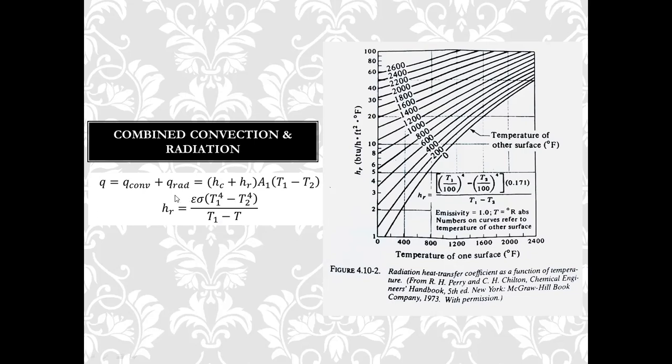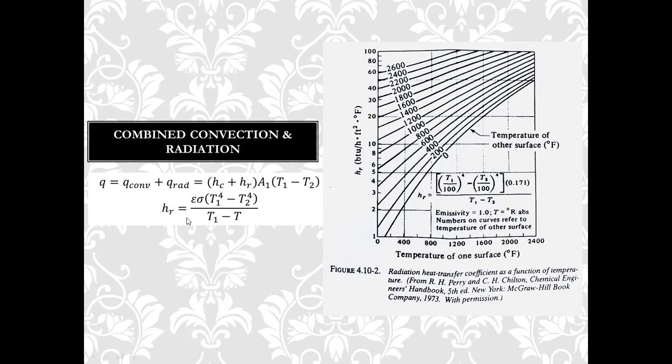As for the rate of radiative heat transfer, then we will have the heat transfer coefficient represented by H sub R, denoting it's for radiation. And it's still A sub 1, T sub 1 minus T sub 2. If we first account for the H sub R and then plug it in this formula, then it could be solved using the formula that we have in here.